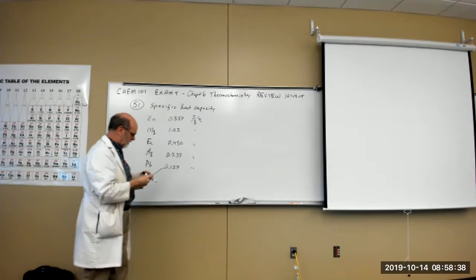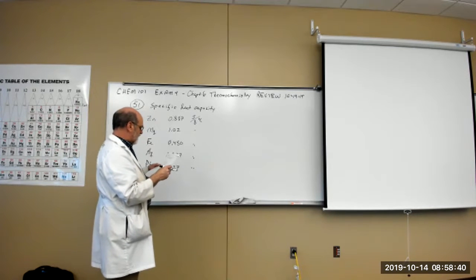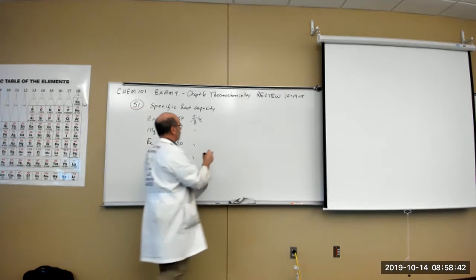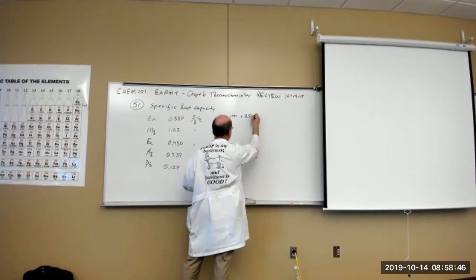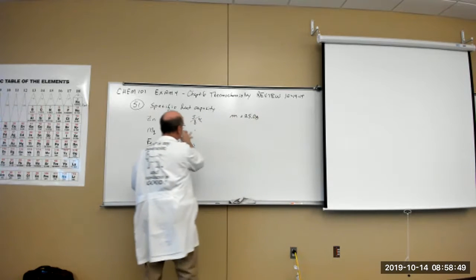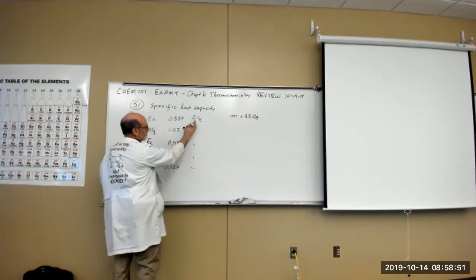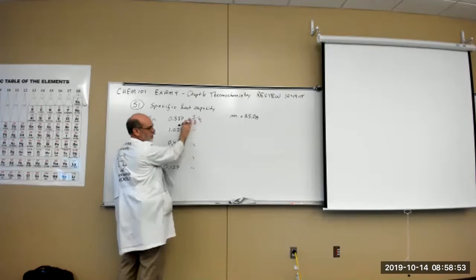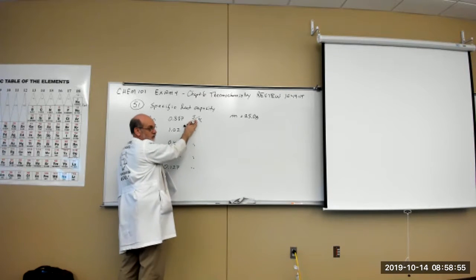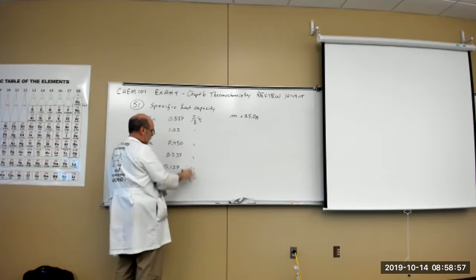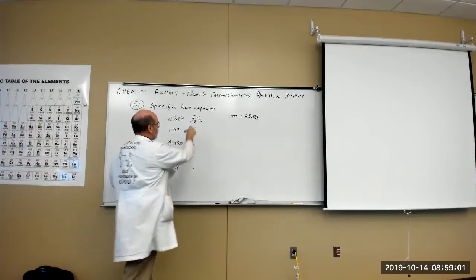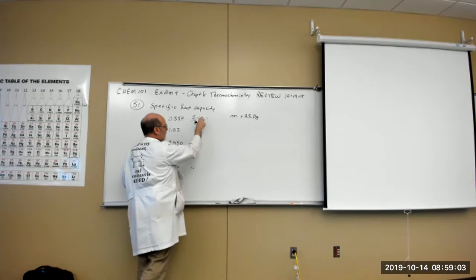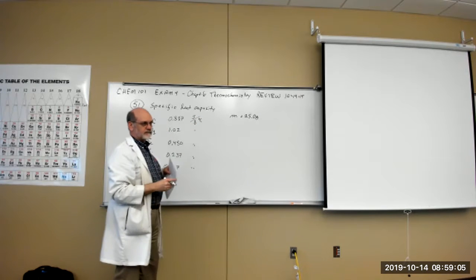So the question is, if the same amount of heat is added to 25 grams of each one, so the mass for each is 25 grams. Each one has the same mass, right? So that eliminates this term, because they're all the same. So now we're comparing what happens when you add heat to them, what happens to the temperature part.